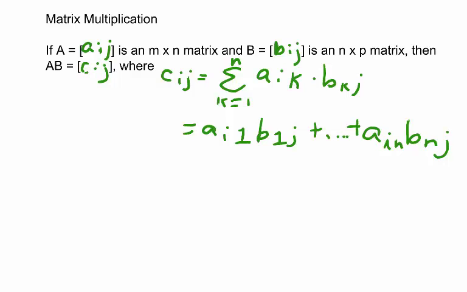Now this definition may look complicated, but put into practice, the process of matrix multiplication is actually pretty straightforward. Let's look at an example. Suppose we'd like to multiply the following matrices. Matrix A, where row 1 is 2, 3, 4, and row 2 is 6, 5, 3.